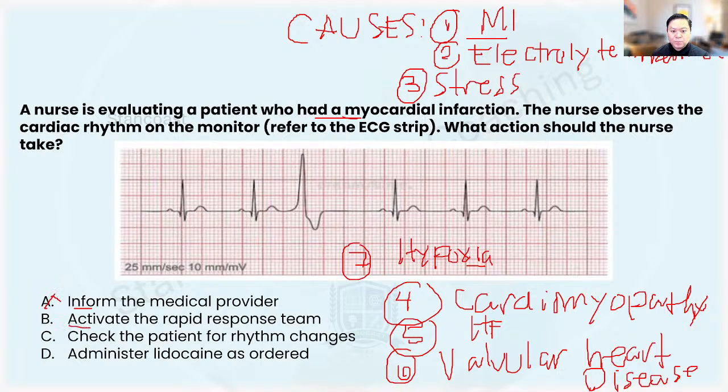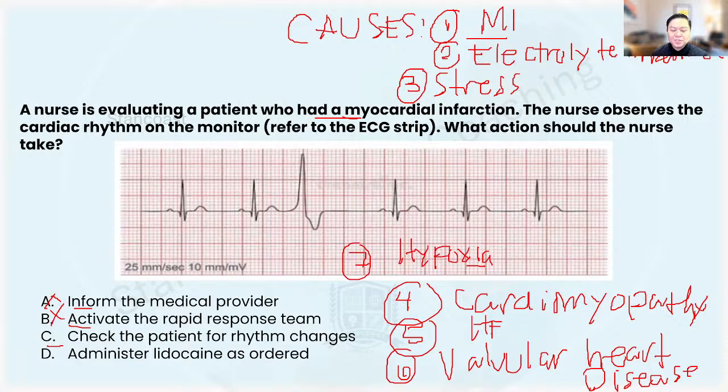Activate the rapid response. Yeah, the rapid response nurse would love you for calling her. No, just kidding. You're not supposed to activate the rapid response at this point yet because this is not an urgent situation. It doesn't require immediate intervention. So do not activate the rapid response at the moment, okay?